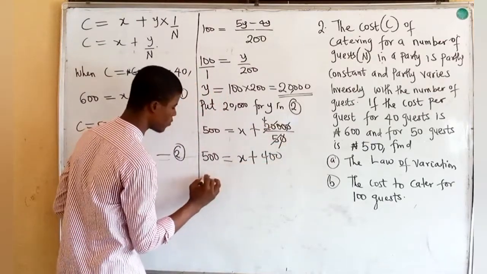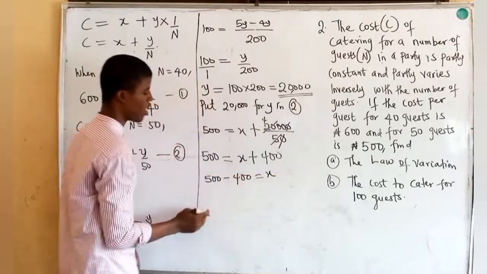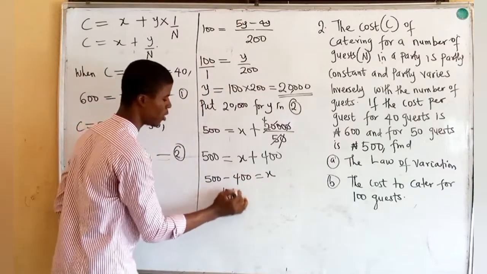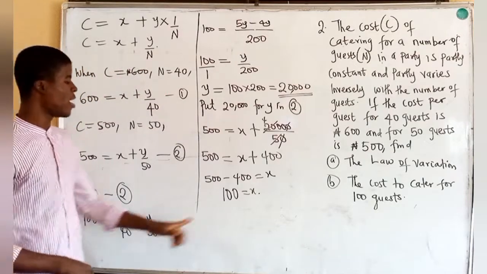So x is equal to 500 minus 400, and that is 100. So x is 100.